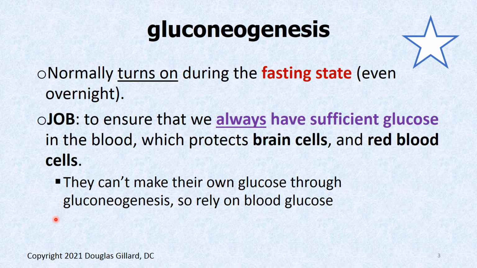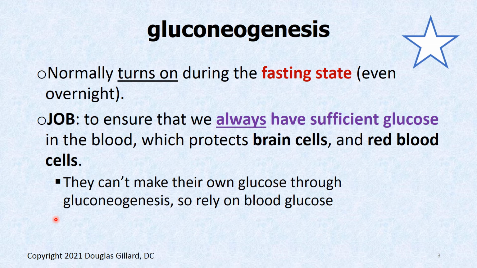So what is gluconeogenesis? What is the deal with this thing? Well, it's normally turned on when your blood glucose levels go low, like fasting. Even an overnight fast will crank up your cortisol levels in the morning. The job of gluconeogenesis is to make sure that you always have sufficient blood glucose levels so you don't crash.